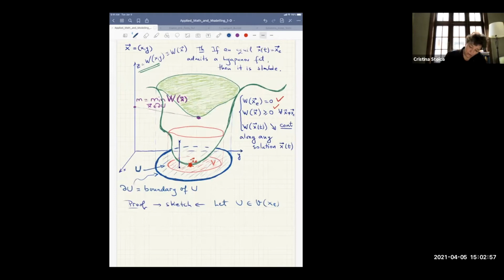What we want to find is a V, which is again a neighborhood of the equilibrium, such that whatever starts in V doesn't get out of U. So when I'm starting in V here, this is an initial condition in V, I'm going with my solution, but I better not get out of U. I might do something like that. I trace it on the bottom; time is not on the top. On the top is the height of this W, okay?